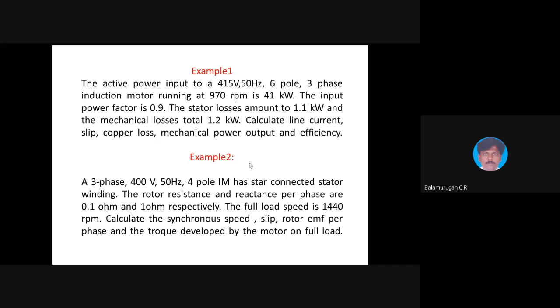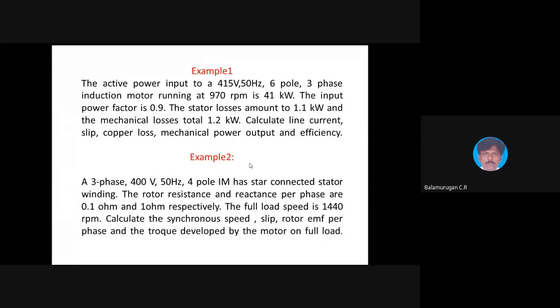In the third subdivision, you are supposed to calculate copper loss. What is the notation for copper loss? How did you calculate copper loss? What is the formula for copper loss?